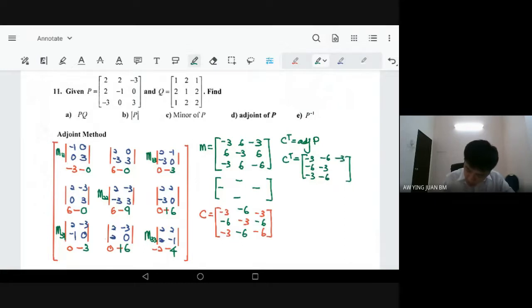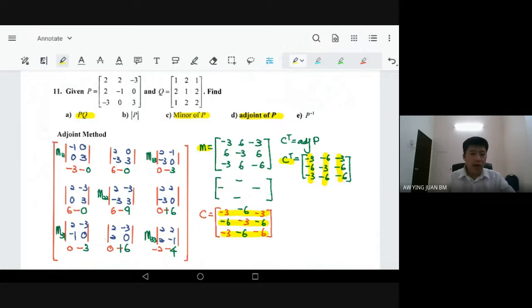Finally, negative 3, negative 6, negative 6. So repeat, do remember, rows become columns. That is the process of finding the adjoint of P. Referring to the situation, we already settled PQ equals 3I. The minor we have in here, and the adjoint of P, C transpose, we have in here.